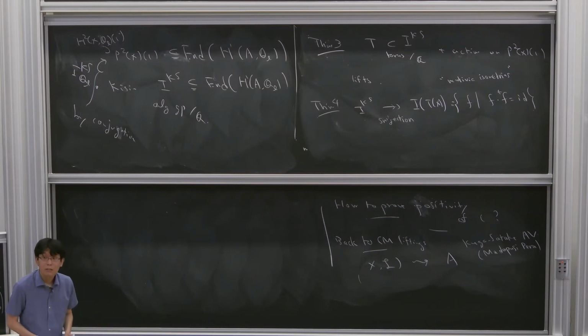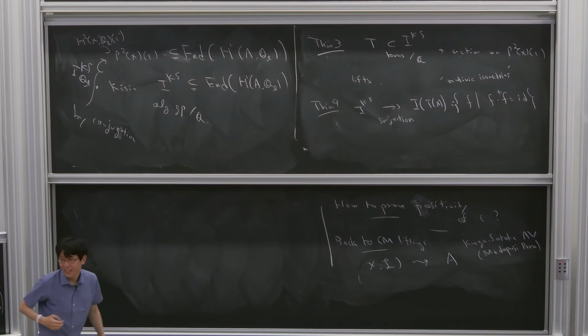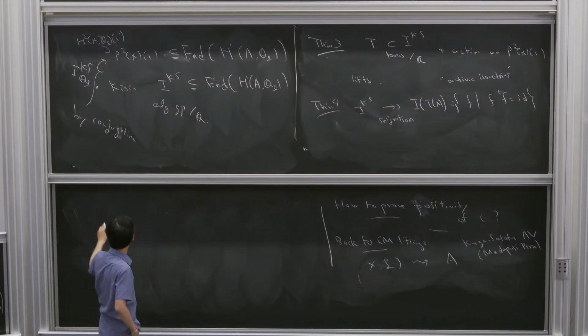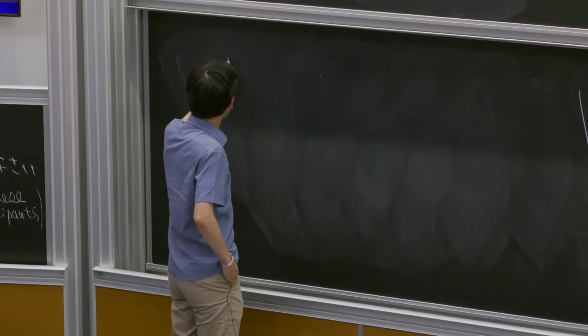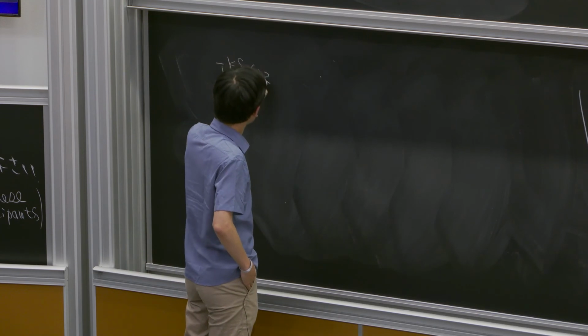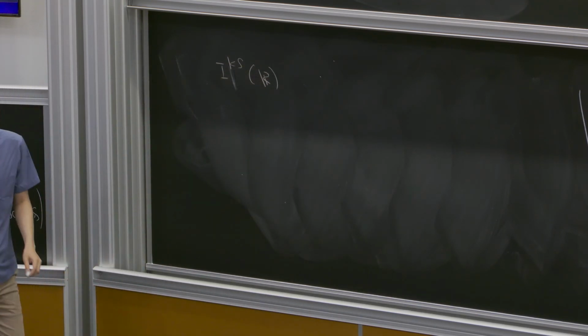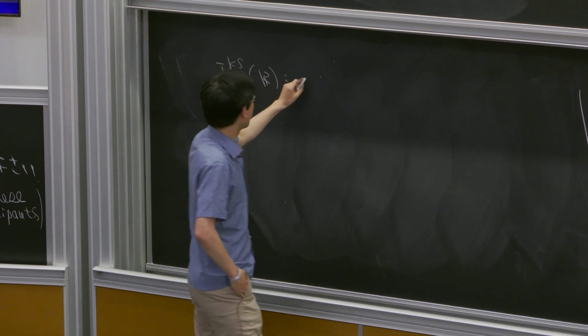Any other question? Okay. So now, I mean, we can finish. This group I_KS actually has a nice property. If you look at the real points, then this is compact modulo center.